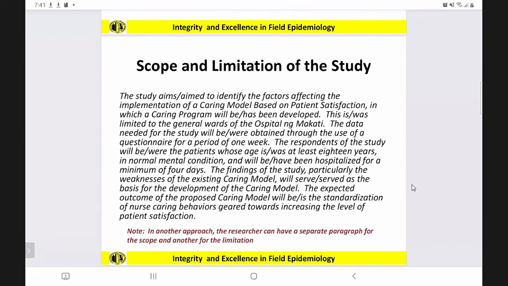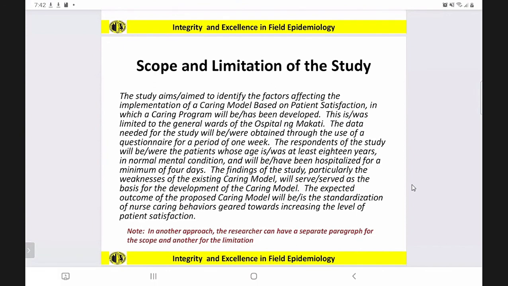Okay, have you noticed the bar? The first word is for if it's just a proposal, so it means future tense. And then the other one, for example, which will be or has been developed, means past tense. The proposal is in the future tense, but the past tense is when you are already done with your studies.